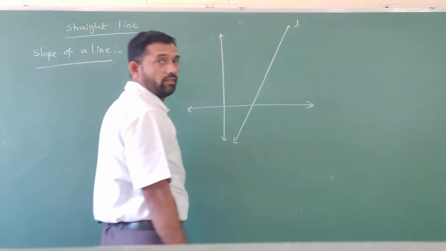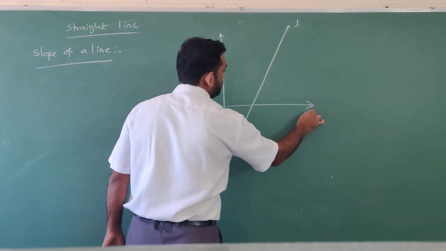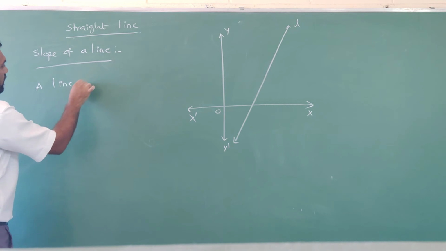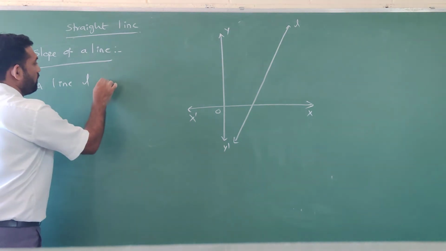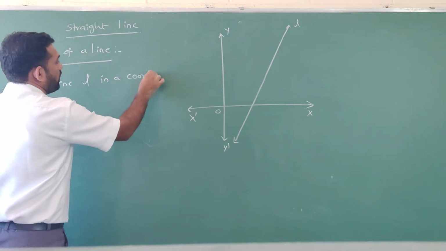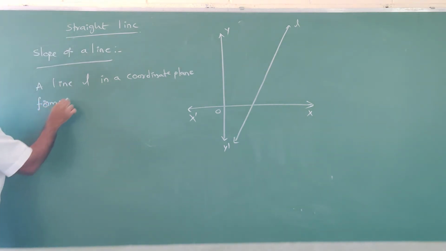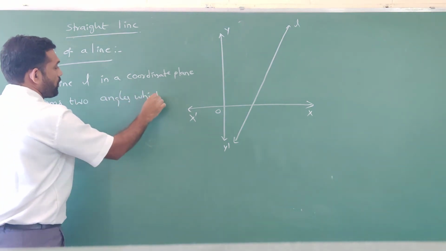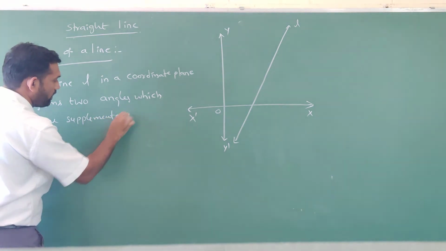This line's name is L. A line L in a coordinate plane forms two angles which are supplementary angles.